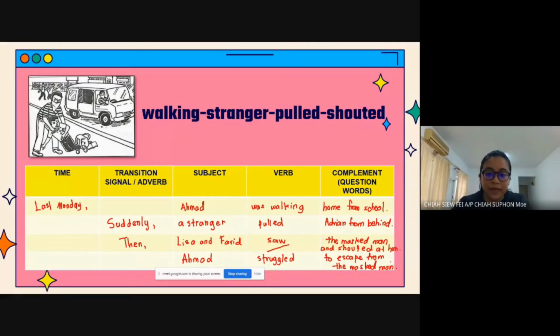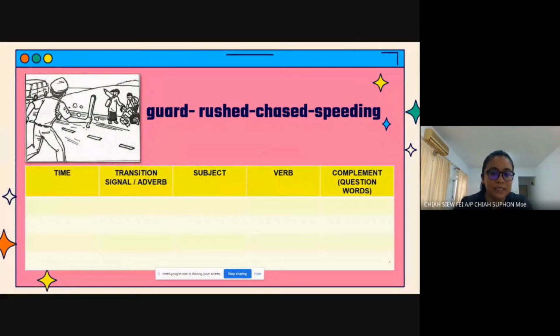All right, so we have to choose our sentences carefully. Choose what to write. If the information is not that important, we do not have to write it. Okay, we want to save the word count as well as making sense of the story. So we can end it at Ahmad struggled to escape from the masked man. Okay, so now the second picture.